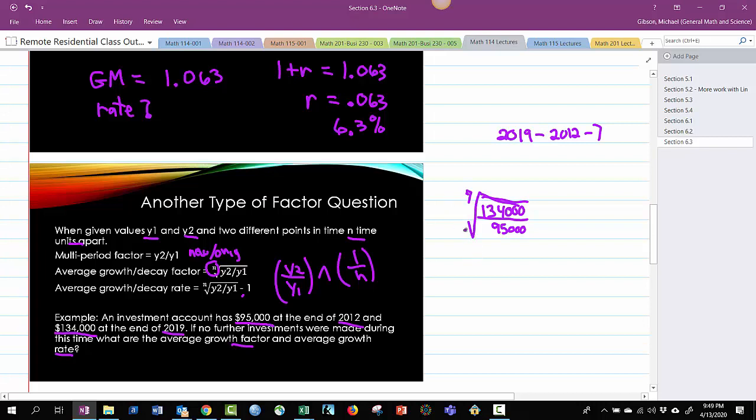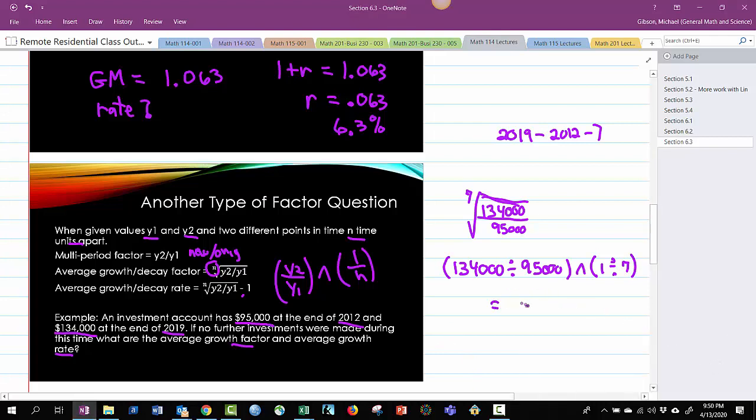So if you know how to do the 7th root on your calculator, great. If you don't, again, what we would do: open parenthesis, 134,000 divided by 95,000, close parenthesis, exponent key, open parenthesis, 1 divided by, and then that was a 7, so 7. And then hit enter. Okay, let me do this on my calculator.